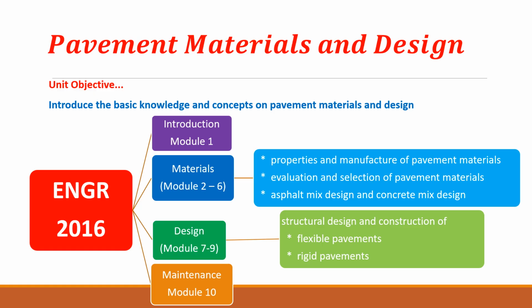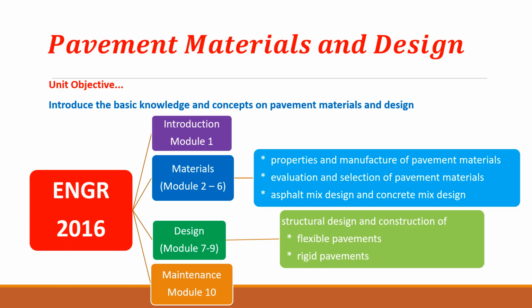There are two types of pavements, flexible and rigid, and the structural design is different for the two of them. So we will learn how to do the structural design for flexible pavements and also rigid pavements. And module 10 is on maintenance. You will learn how to do the maintenance for flexible pavements and also for rigid pavements.